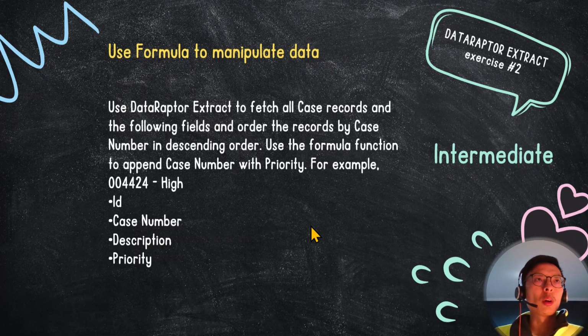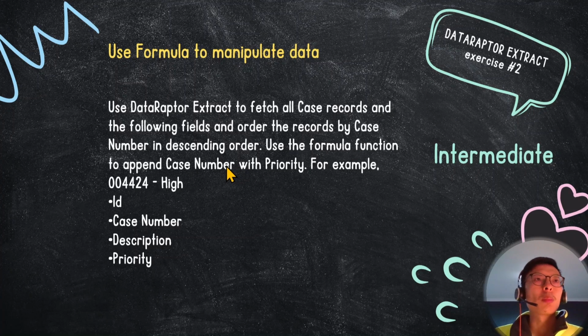In this example, we will be using formula to manipulate data. One important thing to know is that DataRaptor Turbo Extract does not support formulas. So anything that you need formulas with to manipulate data, you need to use DataRaptor Extract.